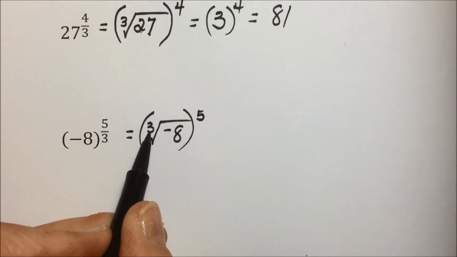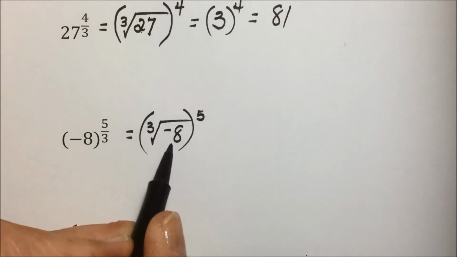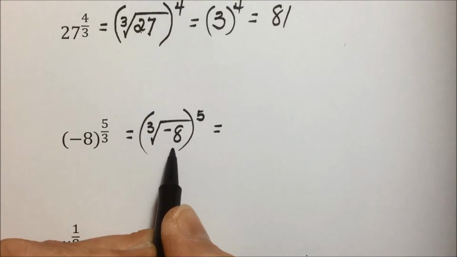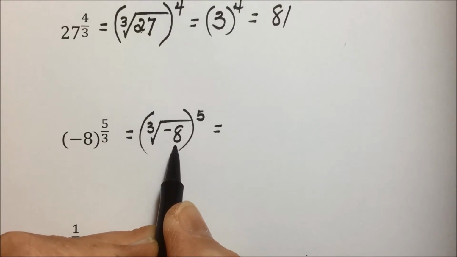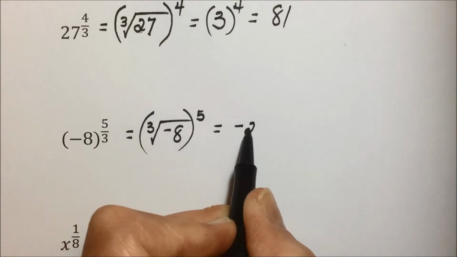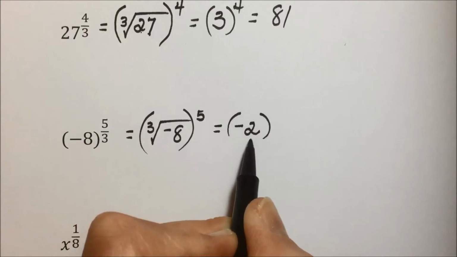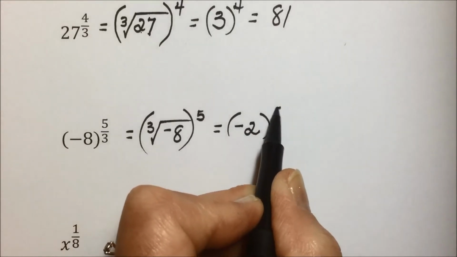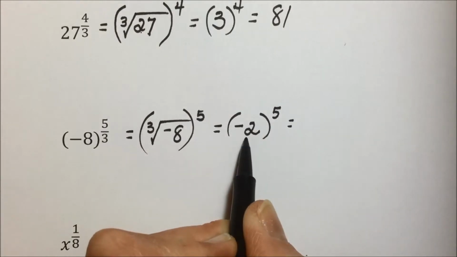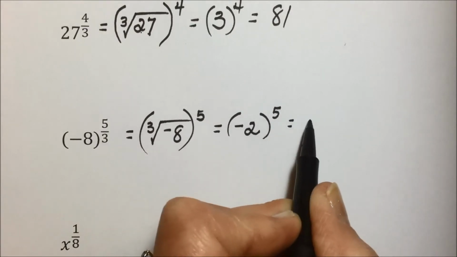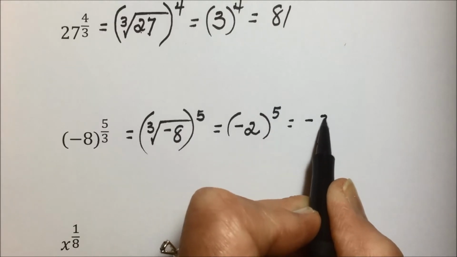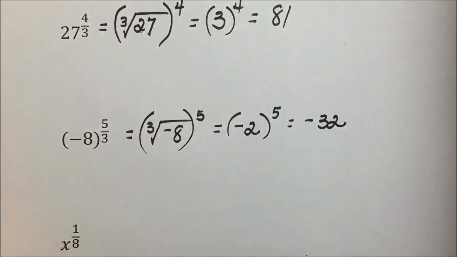The index being odd for a negative number means we will have a negative result. What times itself 3 times gives us -8? That would be -2, since -2 times -2 times -2 is -8. Now we'll raise it to the 5th power.